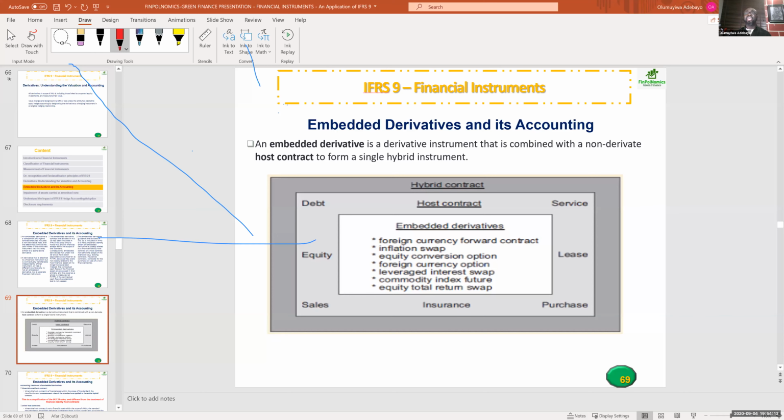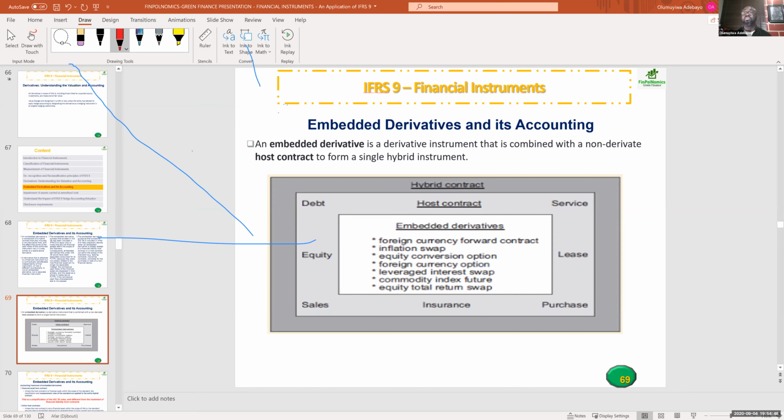Therefore, you are now exposed to volatility in exchange rate. Therefore, you try to write a derivative on that construction contract in order to hedge the volatility risk inherent in that contract. And you have done that not as a separate instrument, but as a whole in that contract. In that situation, we say we have an embedded derivative contract, which contains a derivative written on the construction contract on its own.